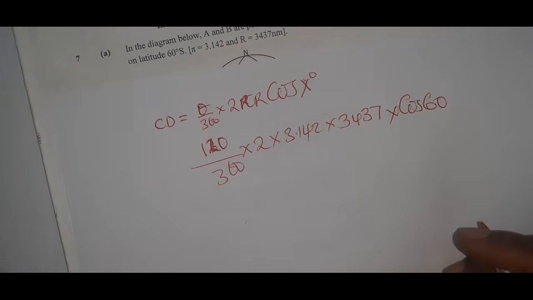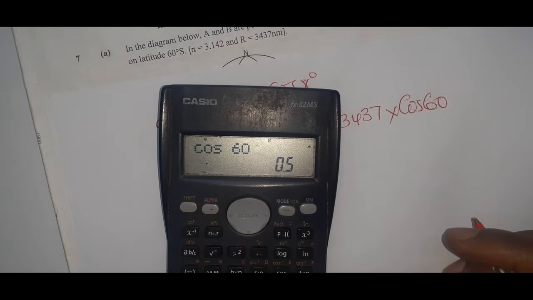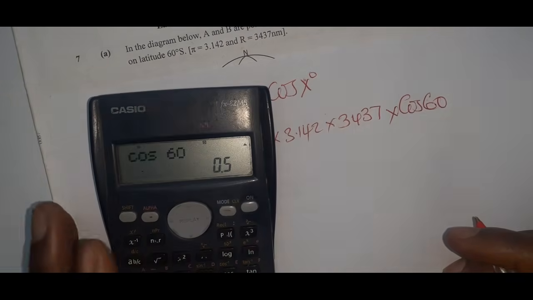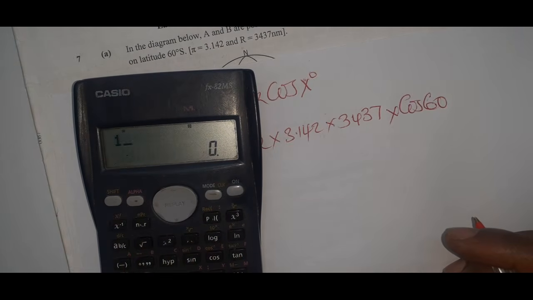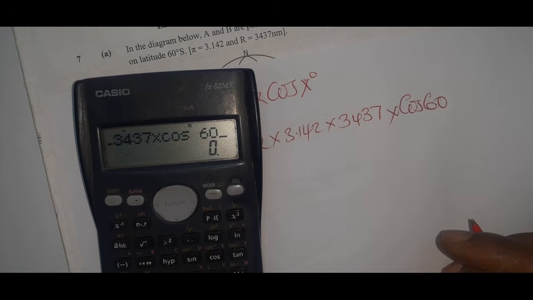Then we work this thing out on the calculator. We punch this on the calculator: 120 divided by 360 multiplied by 2 multiplied by 3.142 multiplied by 3437 multiplied by cos 60.